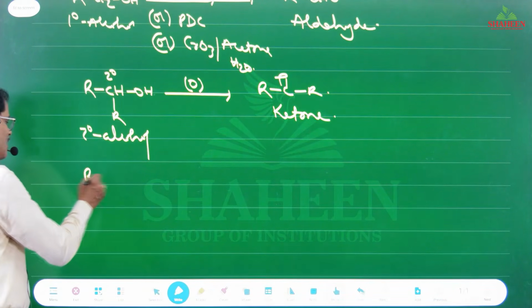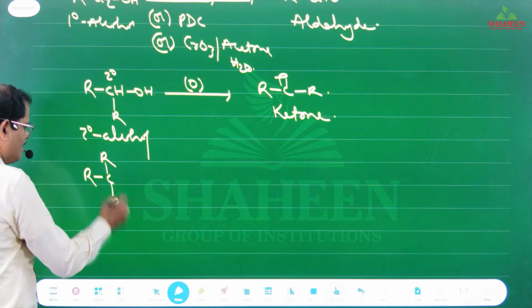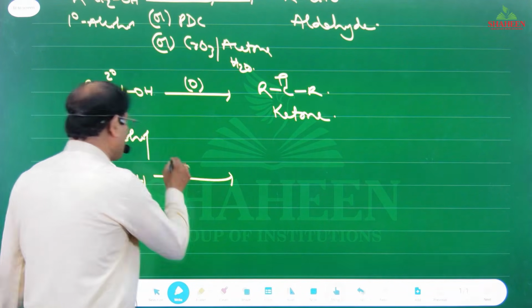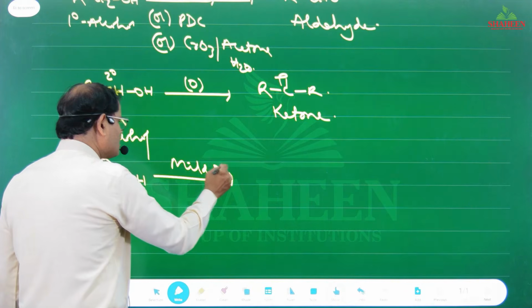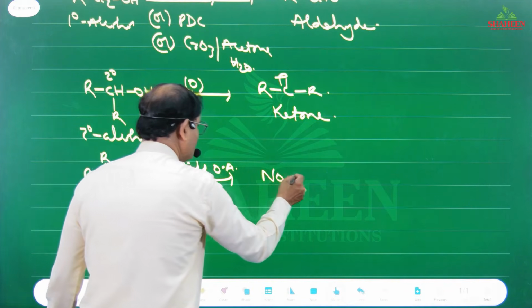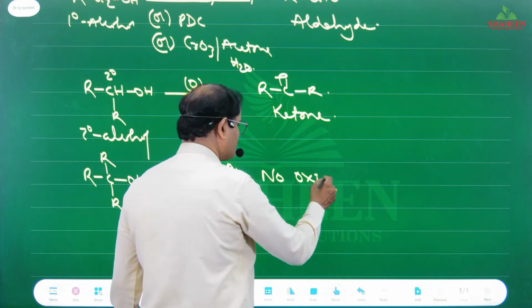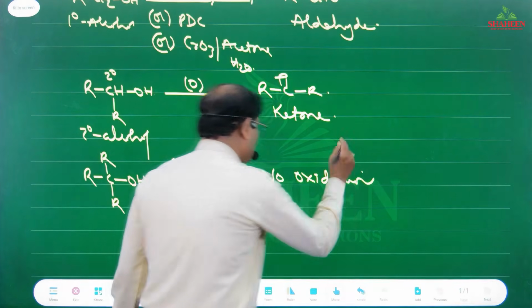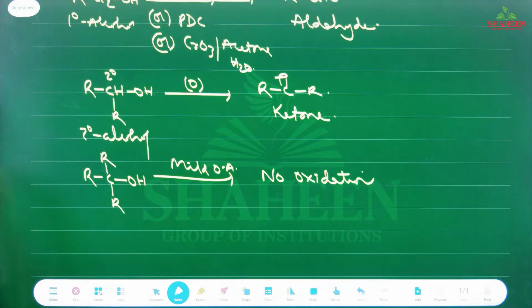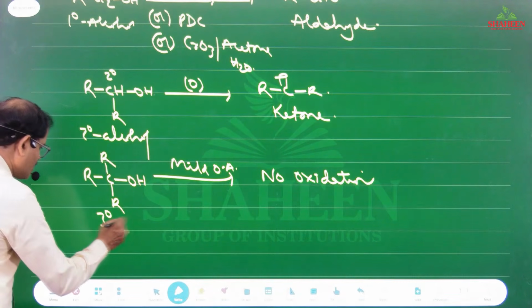And tertiary alcohols, if taken in this reaction: a mild oxidizing agent cannot oxidize tertiary alcohols. They cannot participate in oxidation.